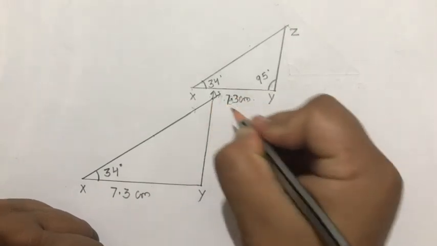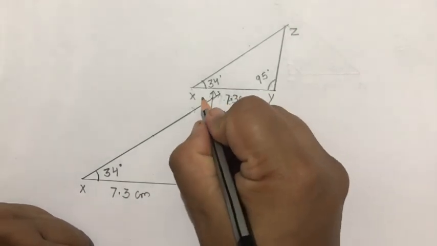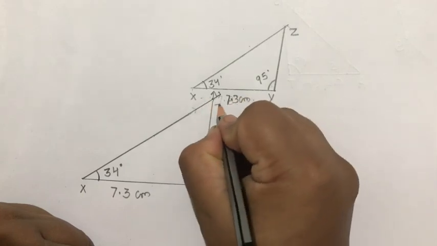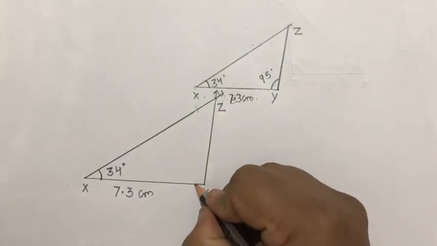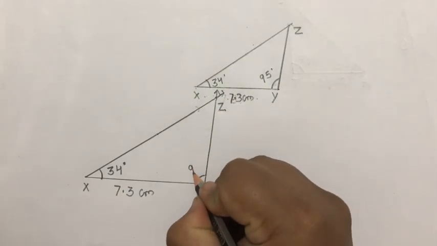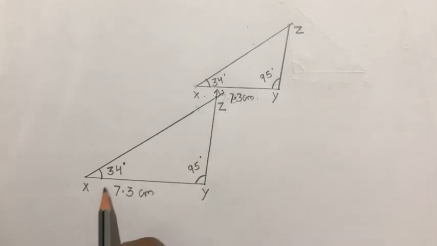And this intersecting point is point Z. This is your required triangle XYZ, where angle Y is of 95 degree, angle X is of 34 degree, and segment XY is of 7.3 centimeter.